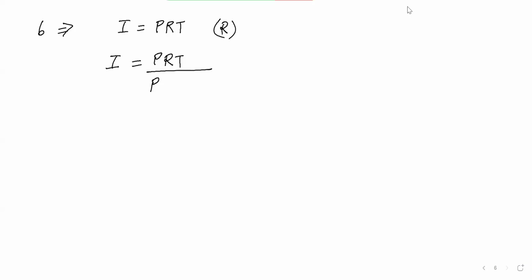P and T. Nice. Whatever you do on one side, you do on the other side. So we're going to cancel the P's and cancel the T's. So R is I over PT. Oops, sorry about that, PT.